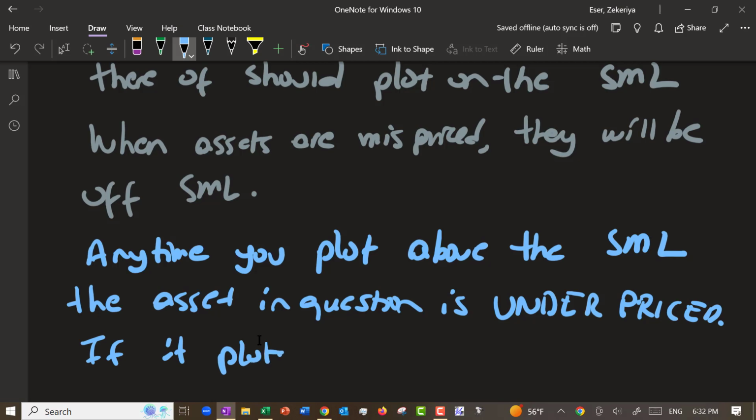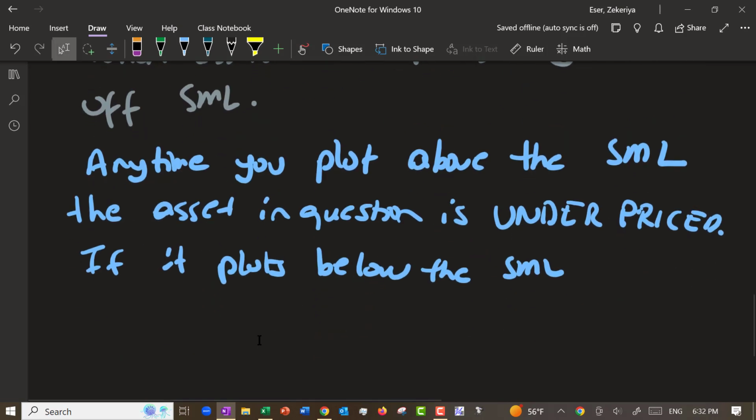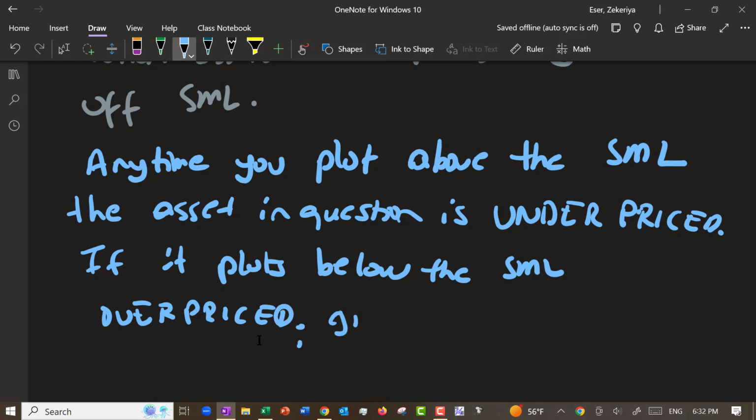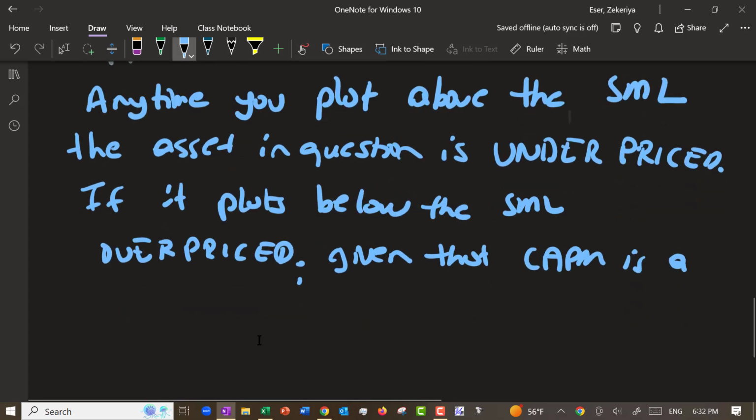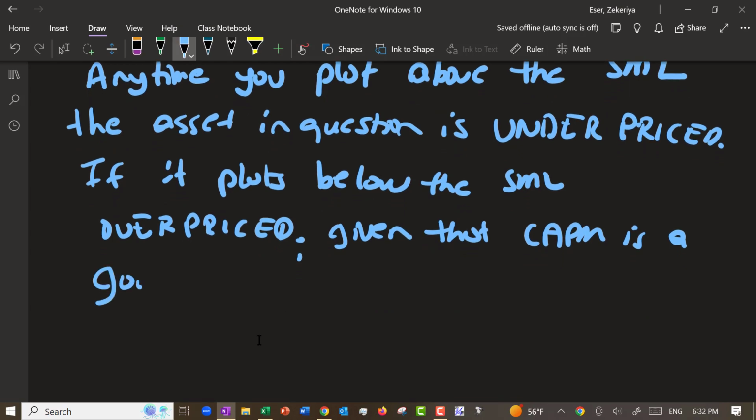If it plots below the SML, overpriced. Of course, given that CAPM is a good description of asset prices.